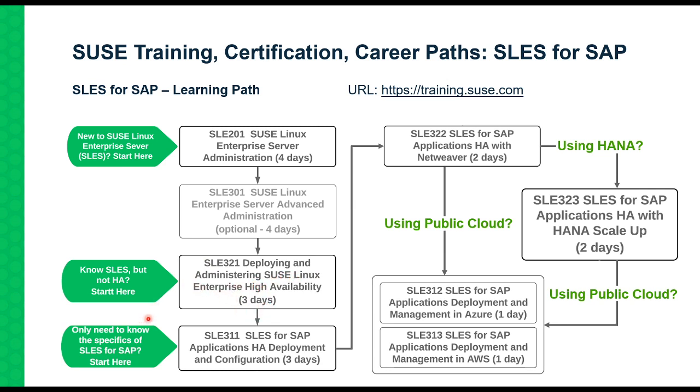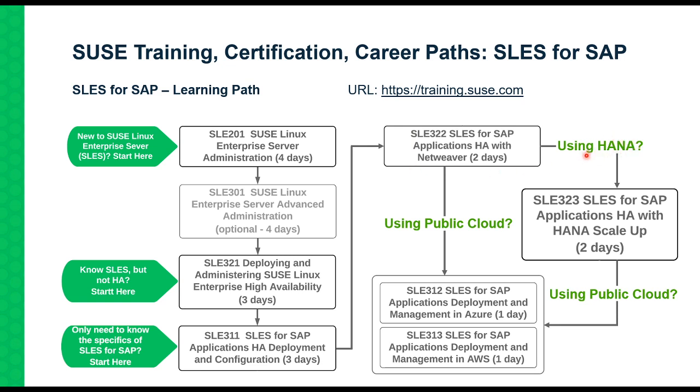And then next up, you will look at the SLE 311, which is the SLES for SAP Applications HA Deployment and Configuration. Those are for 3 days. And then we go to the SLE 322, which is the SLES for SAP Applications HA with NetWeaver. That will give you insight on that portion.